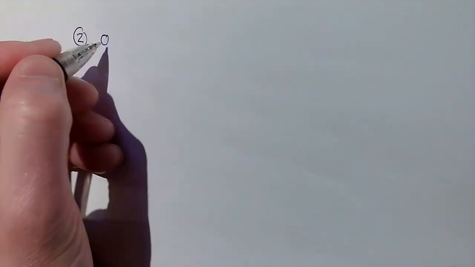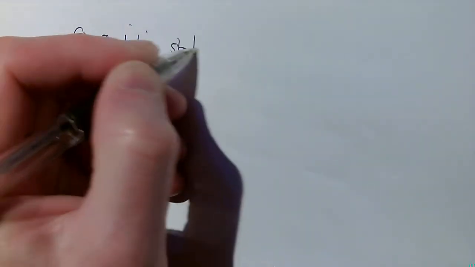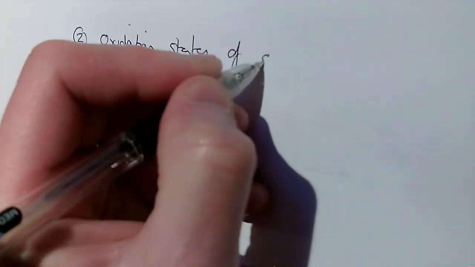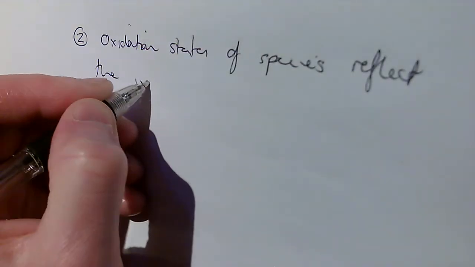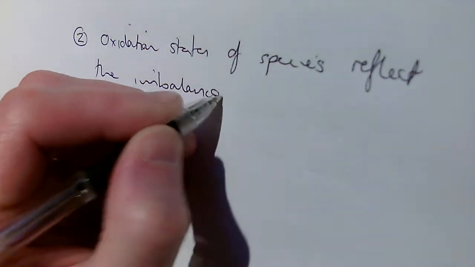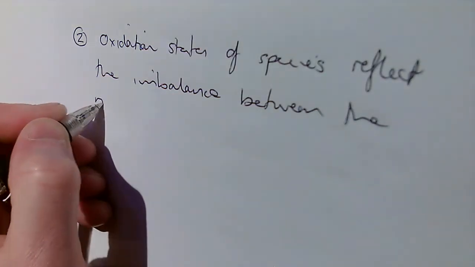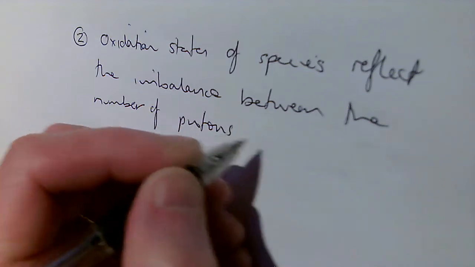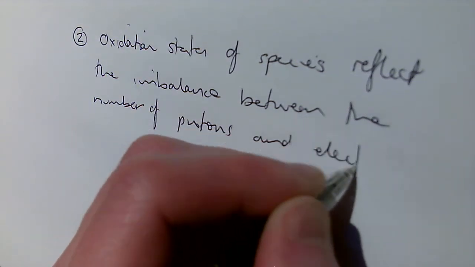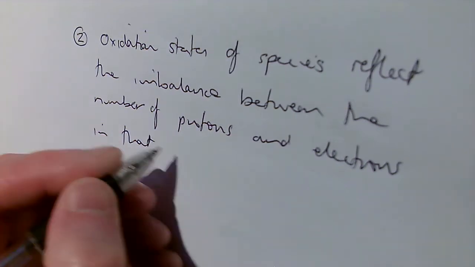Okay, so an oxidation state, or oxidation states of species, reflect the imbalance between the number of protons and electrons in that species.